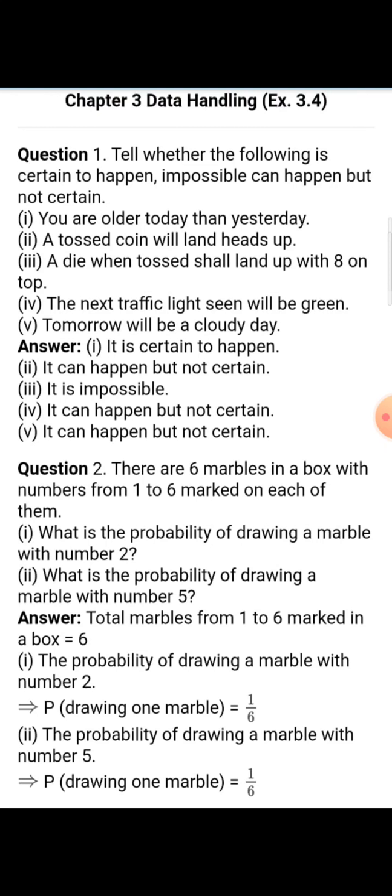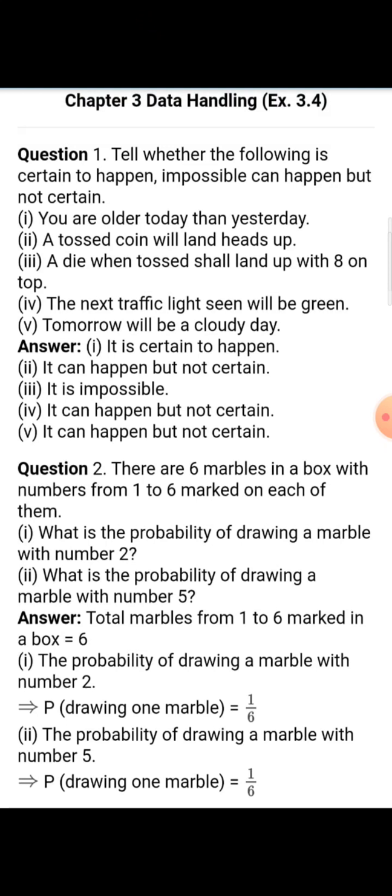So first question is, what is the probability of drawing a marble with number 2? You put numbers 1 to 6 in the box. So what is the probability of 2? The number 2 you put, how many times did you put it? Only 1 time. And total numbers are 6. So the probability of drawing one marble, that is 2, is 1 upon 6. 1 is for 2, because the number 2 is written only once, and 6 is the total number of marbles, so 1 upon 6 is the answer.